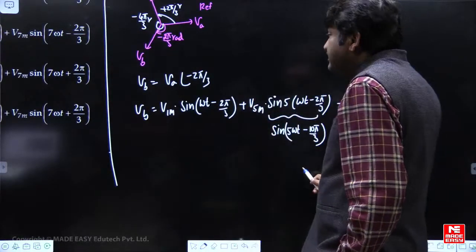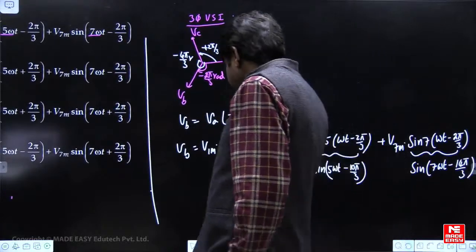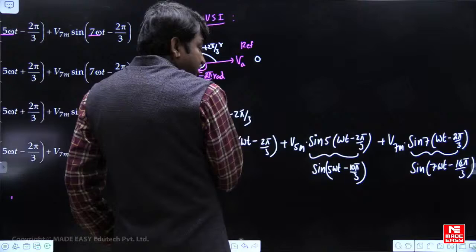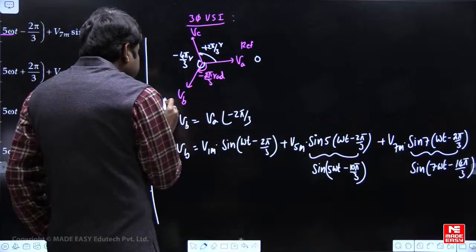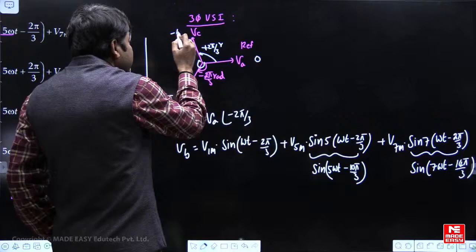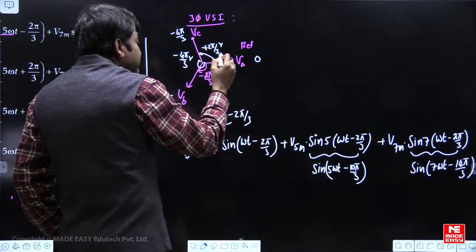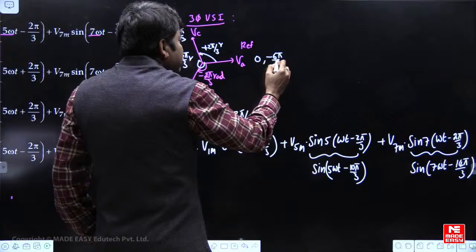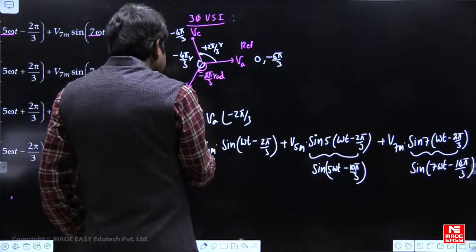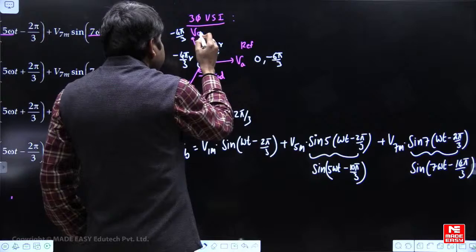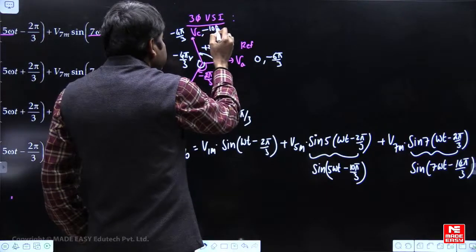Just look here, see the phasor diagram. This is 0. This is lagging by 2 pi by 3, this is lagging by 4 pi by 3, lagging by 6 pi by 3, lagging by 8 pi by 3, lagging by 10 pi by 3.